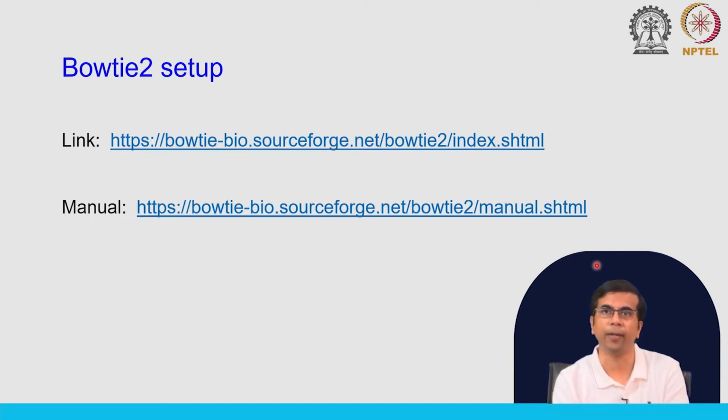It is a free tool that you can download and install, and here is a detailed manual giving all the instructions that are required for running this tool. We will go to this link, download and set this up for our system, and then we will run Bowtie2 to map our reads. Let's go there, and we will talk about all the options that are there.